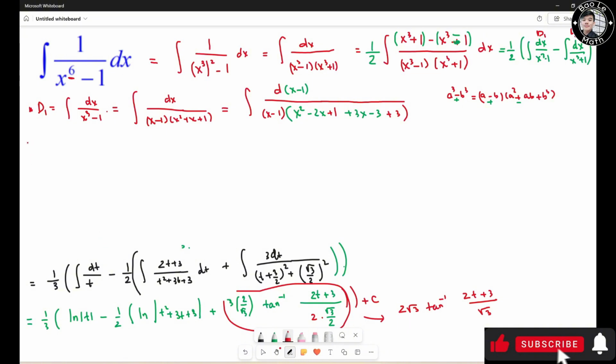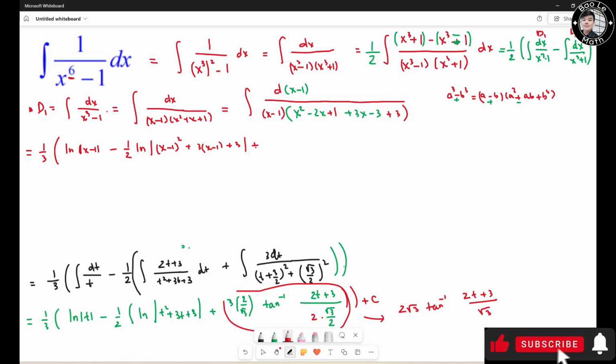So it turns out to be 1/3 parenthesis natural log of s minus 1, right? Minus 1/2 natural log of absolute value of (s minus 1) all together squared plus 3 times (s minus 1) plus 3, right?